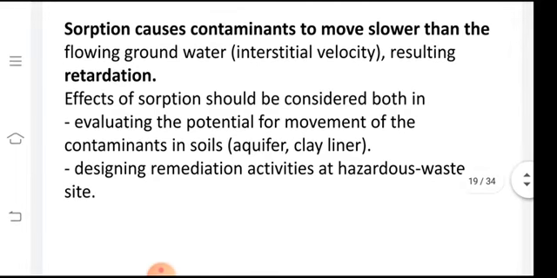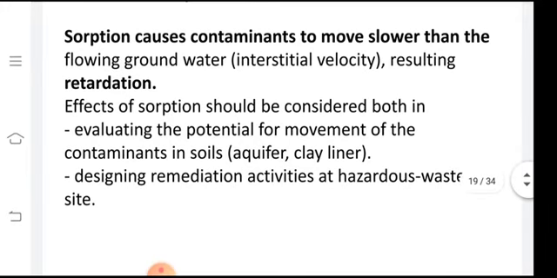As we talked earlier, we can determine how much of the contaminant will be sorbed and how much will be dissolved in the aqueous phase. It can be done by a test, and that test is a batch test. So by batch testing we can determine it.